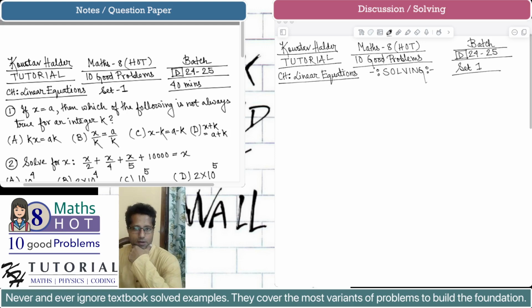It is also highly recommended that you have completed the chapter, you know all the concepts, and you have solved quite a bit of problems from the textbook, whichever textbook you are following, and only then you solve these 10 good problems, because these problems are relatively harder than the normal problems that you see in the standard textbook. Okay, so let's get started in solving the problems.